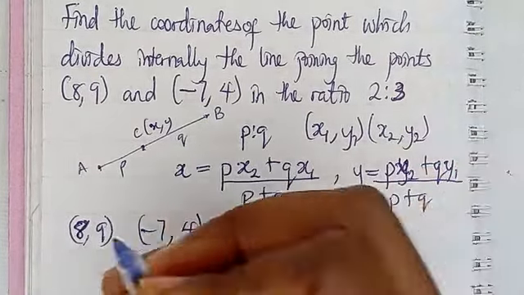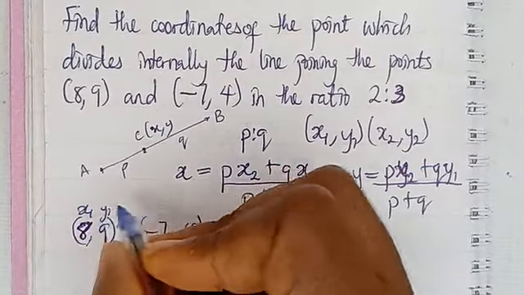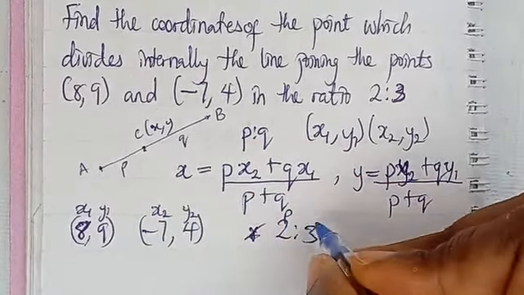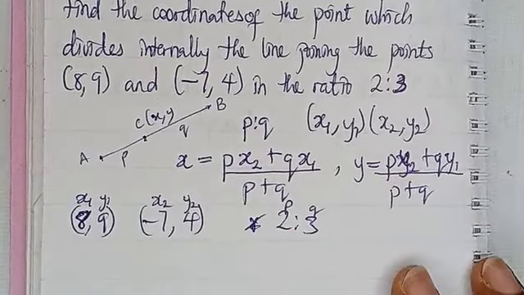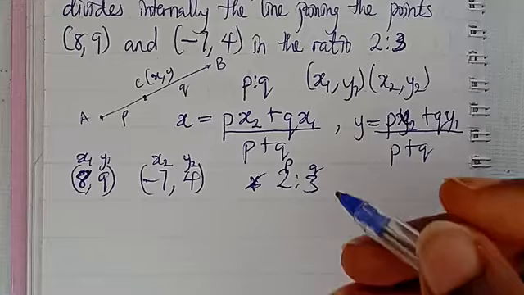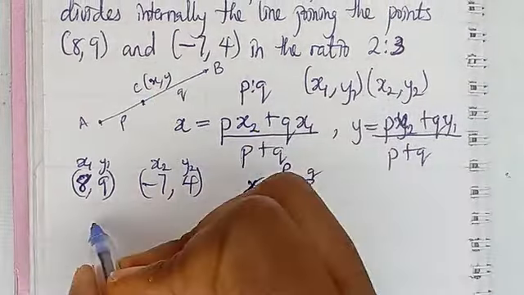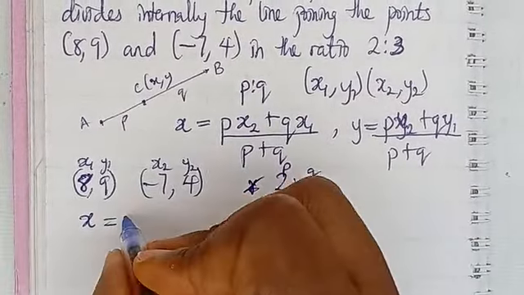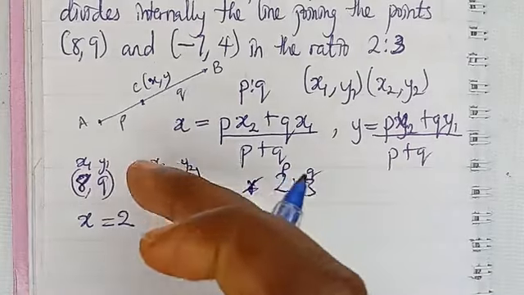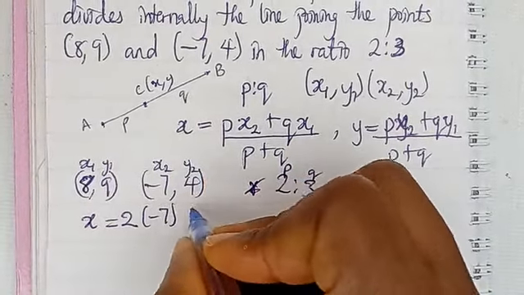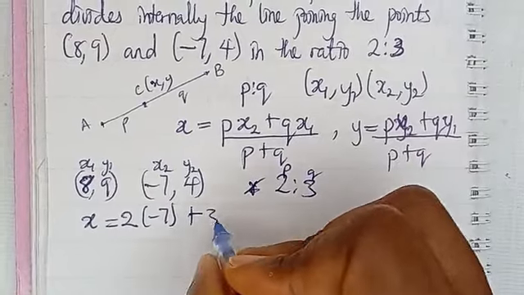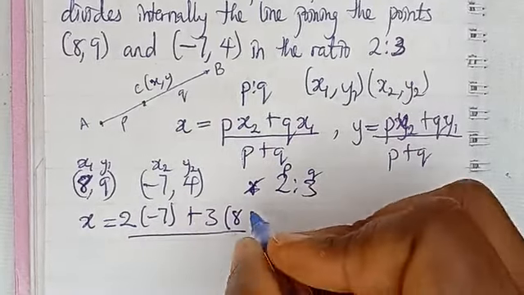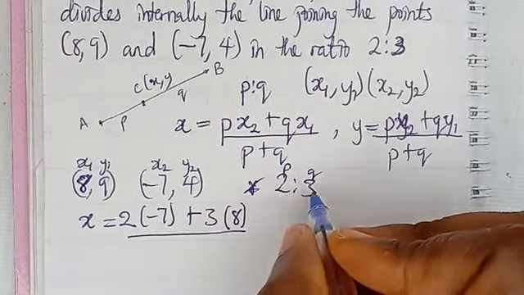So we have that this is x1, y1, x2, y2, and then this is P and this is Q. Now let us substitute. The x coordinate will be equal to P, represented by 2, multiplied by x2, plus Q multiplied by x1, all over P plus Q, that is 2 plus 3.